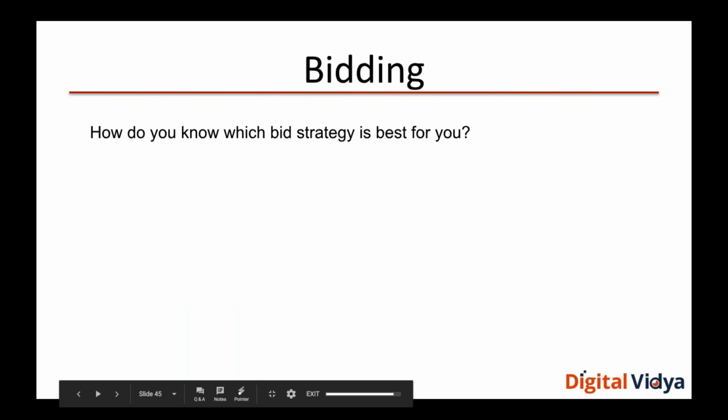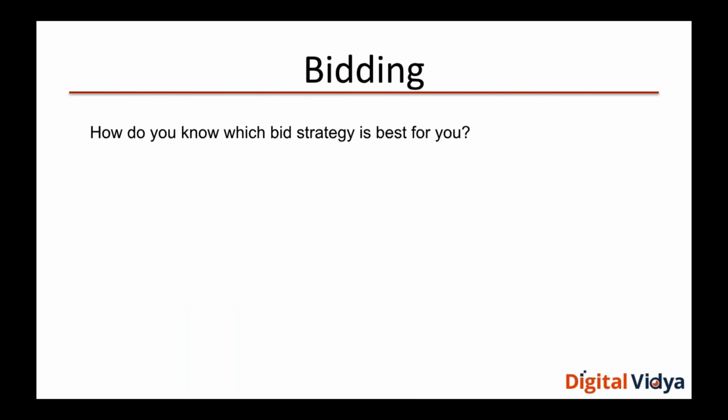When your objective is ROI or sales or conversions, are you okay with people just viewing your ad on Google, or do you want them to take an action on it? You want them to click on it at least, right? In which case, it makes sense for you to bid on every click and pay for the clicks. So the impressions will be completely free. So you can select an option like CPC or cost per click.